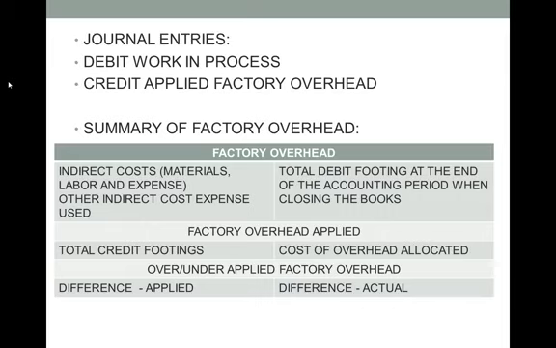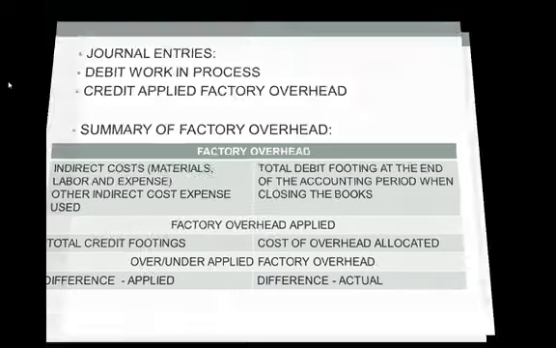And if the actual is bigger, you credit the applied factory overhead, and indicate that it is over or under applied.